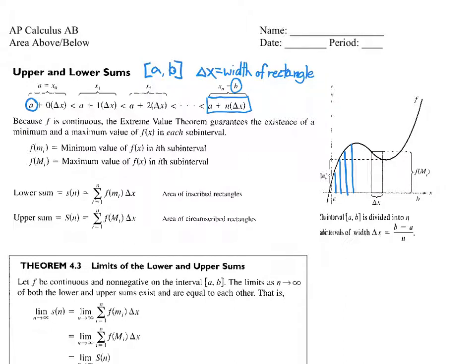Okay? Now, the notation we're going to use here is a lowercase m. See, f of lowercase m sub i is going to be our minimum value of f in that little subinterval. And f of capital M sub i is going to represent our maximum value in each interval. So you'll notice here the lower sums, again, we're kind of generalizing some stuff that we looked at yesterday.